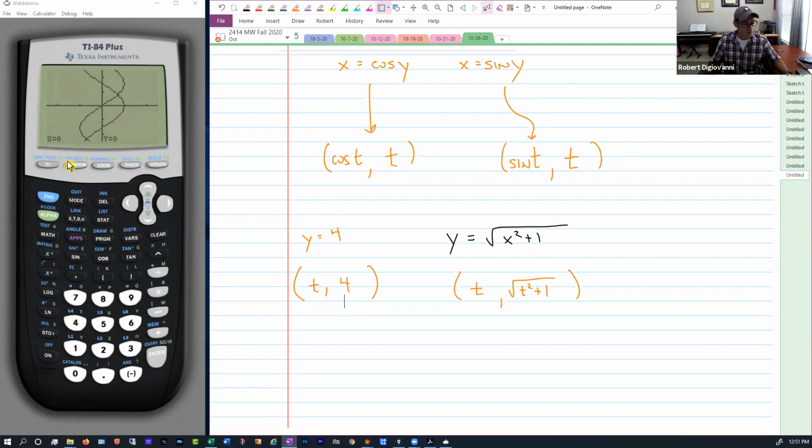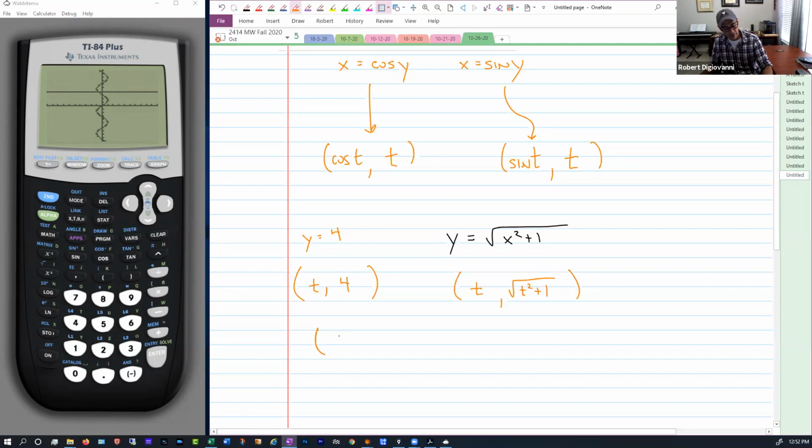So if I go over here and clear this, I say the x is going to be t, and the y coordinate is just going to be 4, and I graph that. I need to zoom out. There it is. It changed my window on me. Okay, negative 10, 10. There's a way to reset those defaults so that they don't do it. There it is. See it? Now check this out.